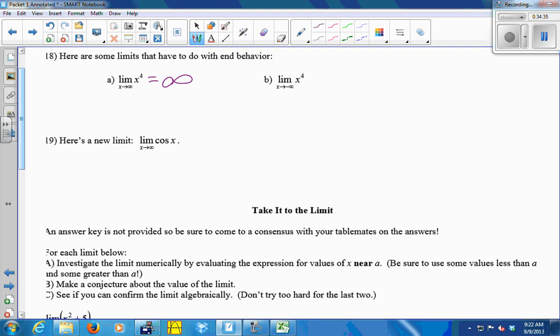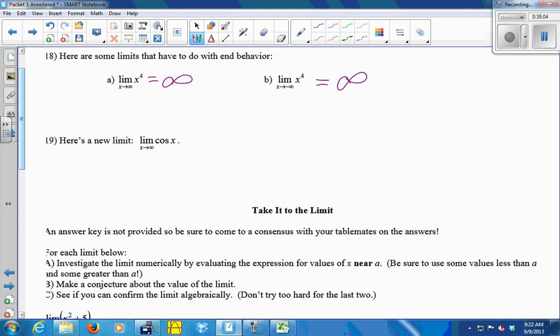And what happens to x to the 4th as the x values get really, really negative? It still gets big, right? Because when you raise something to the 4th, whether it's positive or negative, it becomes positive. So that also goes to infinity. So that's just the notation for end behaviors. And end behavior, I'm sure, is something that you've studied in a college algebra or pre-calc class.